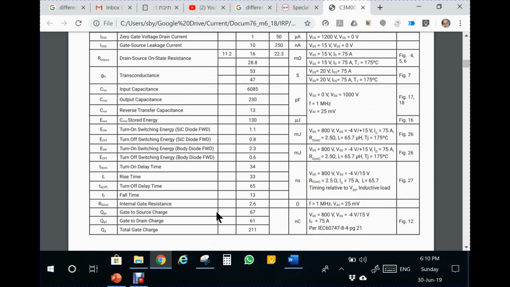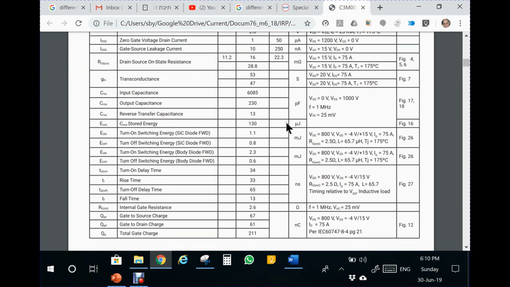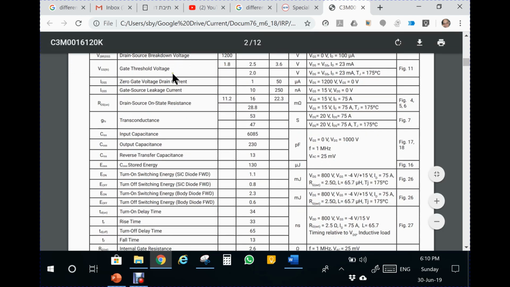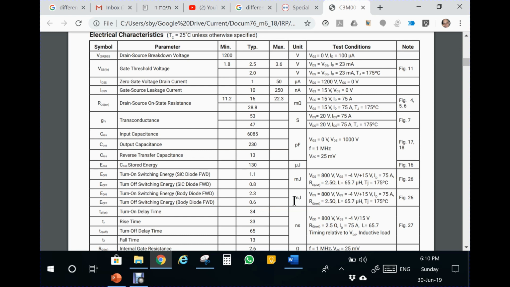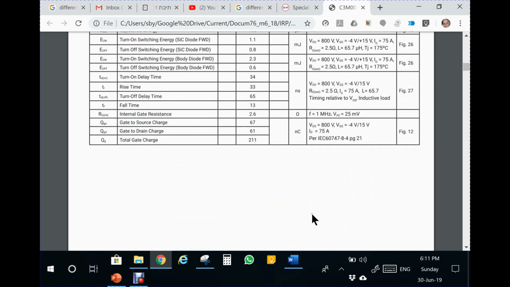Here we have more of the information about the voltages, gate voltages, and then very important, and this is an issue that we are going to dwell into, is the switching energy, that is the losses while you switch the device on and off. This is very important because this will determine how fast you can switch the device. We'll talk about it a little bit later.